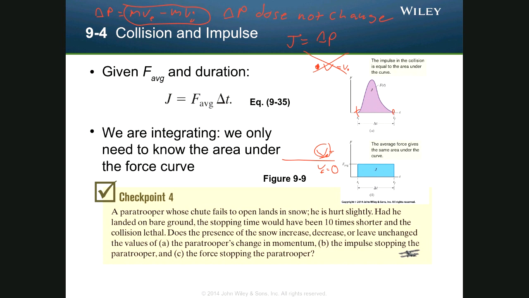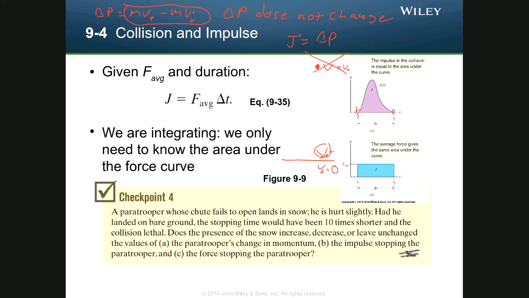And basically, the goal of flattening the curve is to not overwhelm the health system, not to prevent people from getting the coronavirus. People are going to get the coronavirus. It's going to happen. And the area under the curve doesn't change. Just like here, the impulse doesn't change, right? You have the same change in momentum.